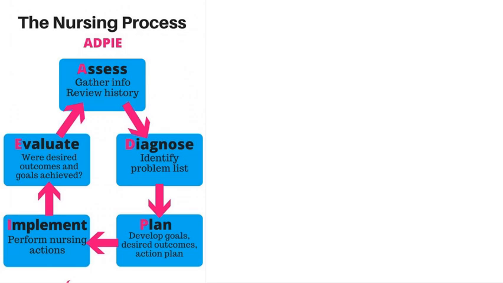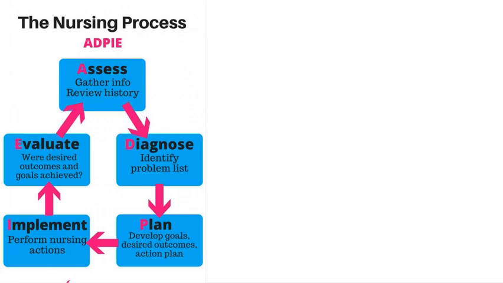You're going to assess, or gather information, gather data, and review the patient's history, then diagnose. We're going to identify a problem list. We're just going to write a list of all the problems that we have. Then we will plan, which is developing goals, desired outcomes, and an action plan.